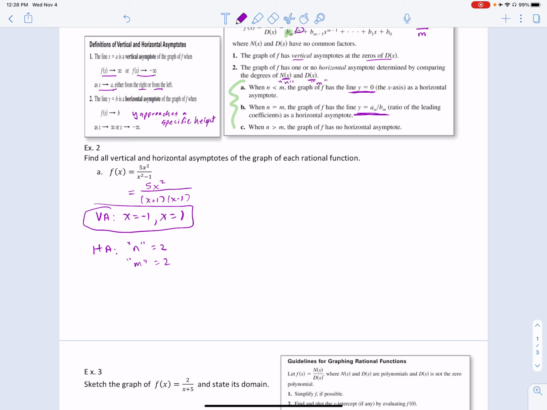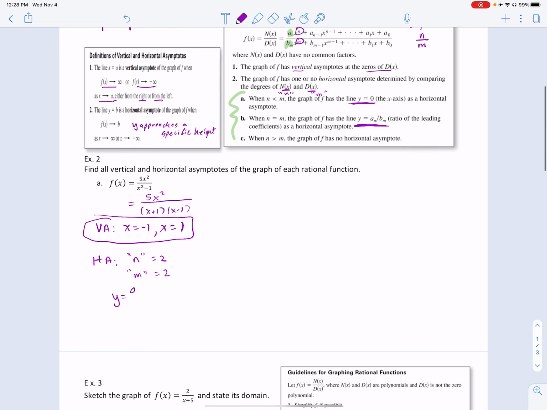And since when the degrees are the same, the horizontal asymptote is that ratio of a sub n over b sub m, and the a sub n is that 5 and the b sub m is 1. It's the coefficient of your x squared terms. So the horizontal asymptote is going to be y equals 5 over 1, or we would just write y equals 5. So there is my horizontal asymptote: y equals 5.